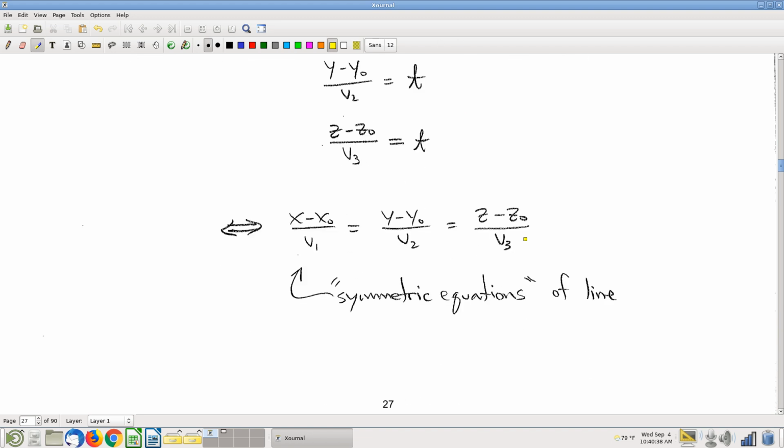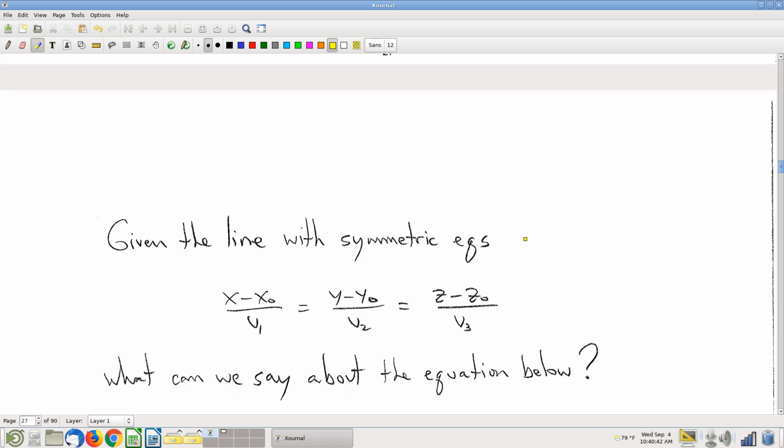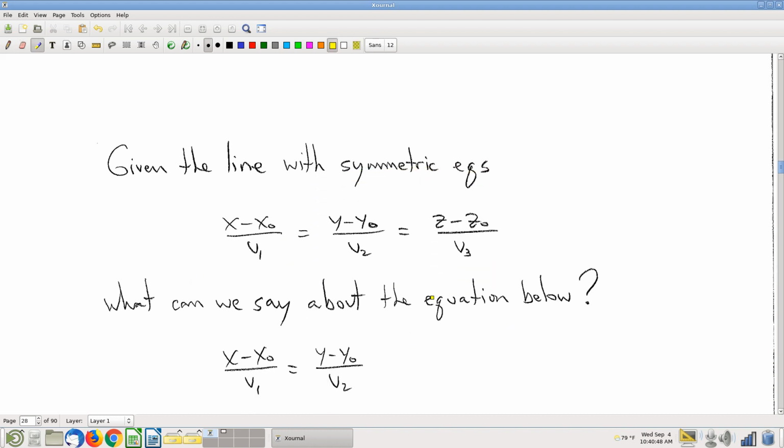Okay. So here's the thing. We've got 3 equations here that are the symmetric equations, and I could ask individually, what do those individual equations mean? That's a reasonable question, right? I got 3 equations here. What about just this one by itself?